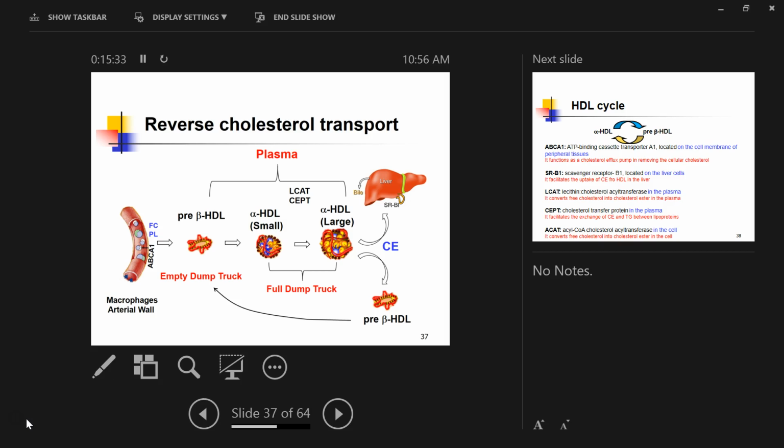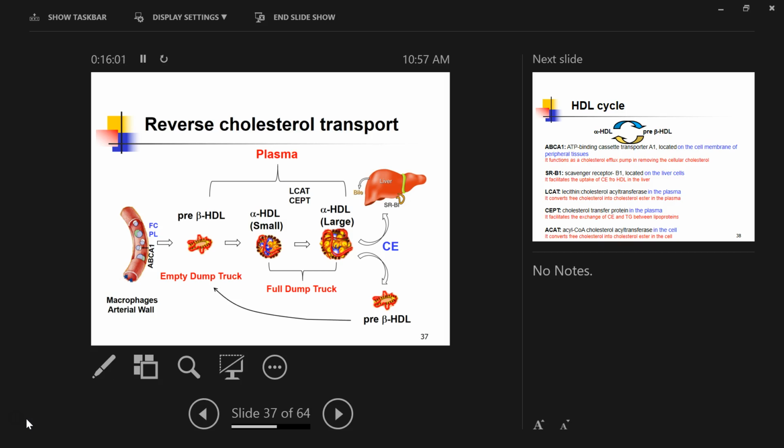And the purpose of this process is just to dispose of unnecessary cholesterol from peripheral tissue. Here we are talking about the artery wall, so that can prevent the accumulation of cholesterol on the artery wall, to prevent the development of atherosclerosis.